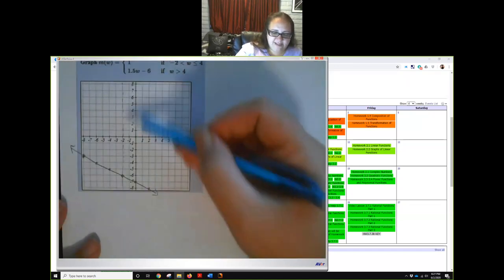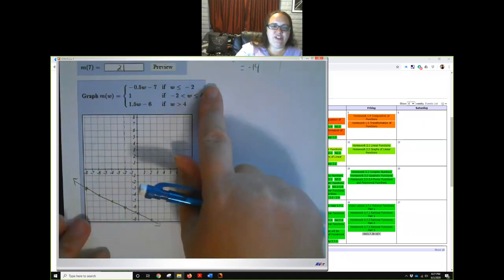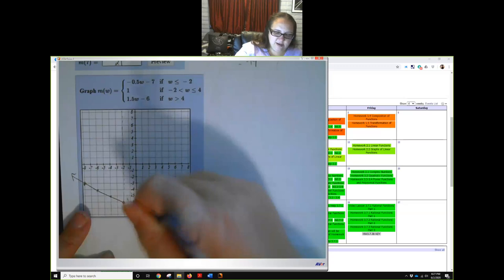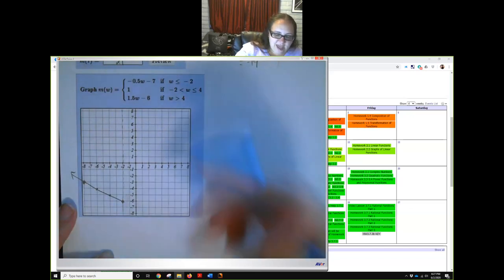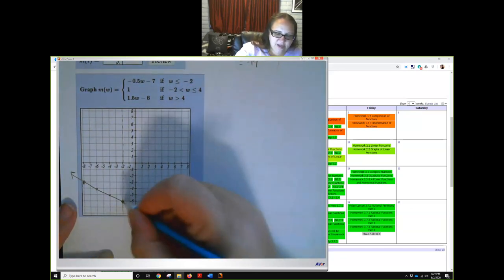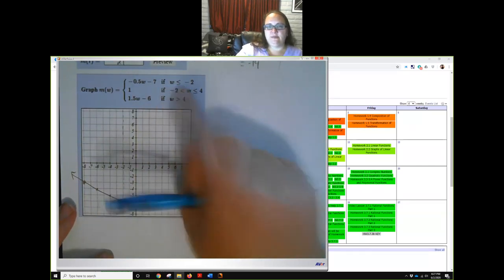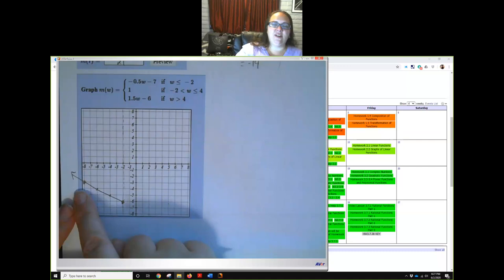Now, the reason why I drew this dotted line here was because I only want things that are less than -2. So everything that has an x value greater than -2, I need to erase. And at -2 on the x, I'm going to put a closed dot because this was a symbol of inclusion. So that is -1/2 x minus 7, only when x is less than or equal to -2.